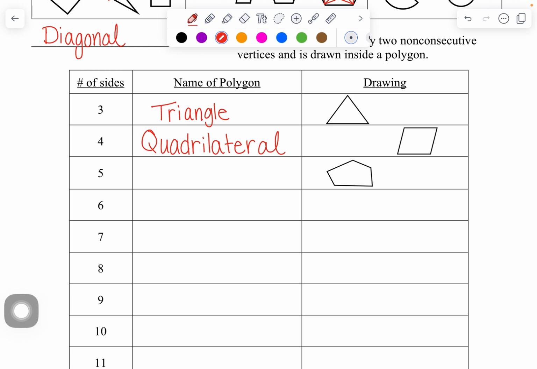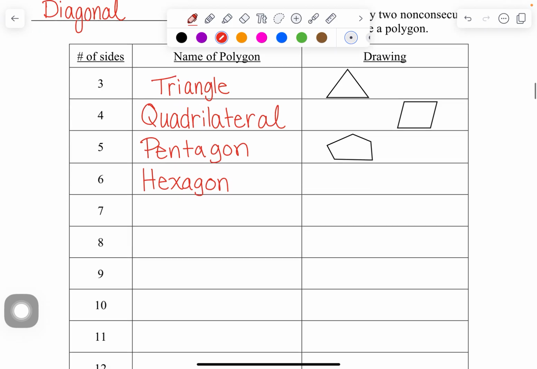5-sided, pentagon. 6-sided, hexagon. And generally, these should sound familiar, at least most of them. Now, when it comes to these shapes, oftentimes we think of the perfect shape.